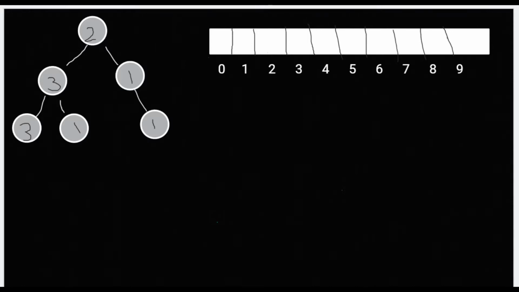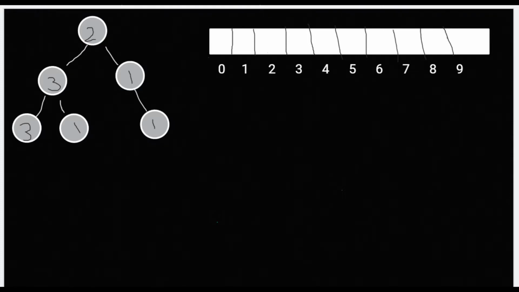So taking this very example, we have 2 here, which is occurring only one time. We have 3 here and then another 3. So we are completely fine with having just one single digit which is occurring an odd number of times, that being 2. All right.